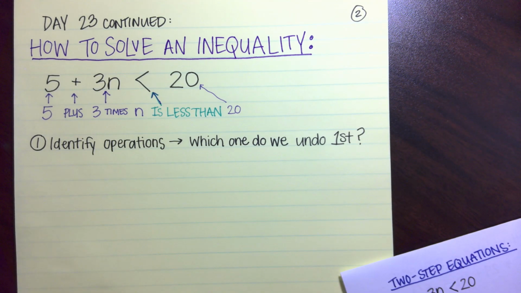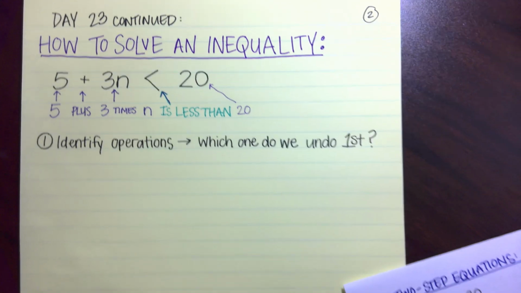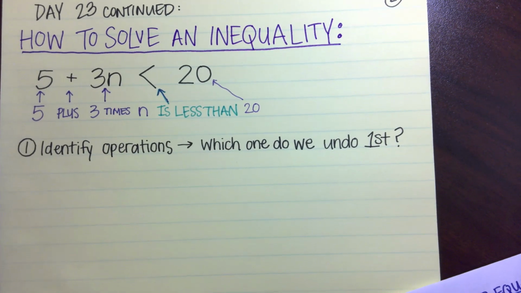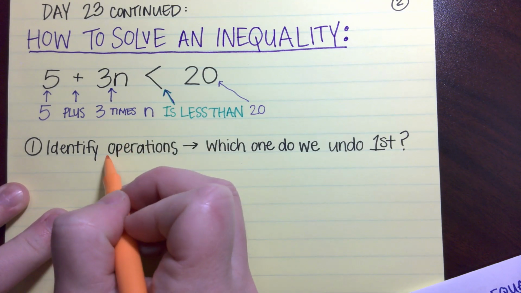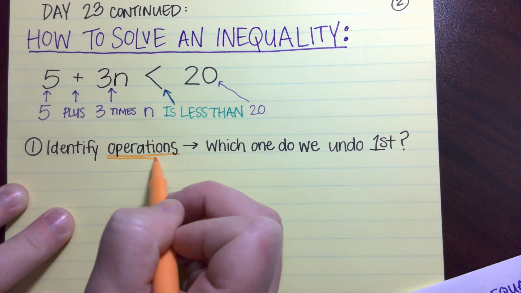All right. So that's our first step. We want to ask ourselves the question, which operation in this inequality are we going to be undoing first? So I'm going to have you also label this. I'm going to underline operations.